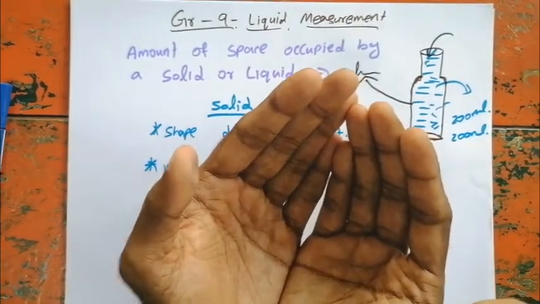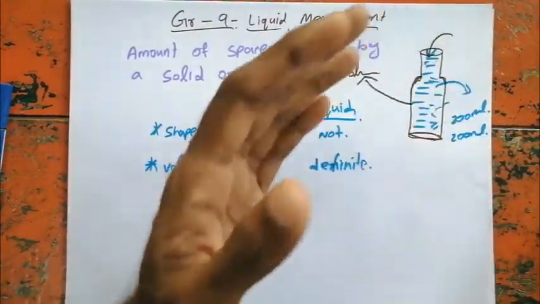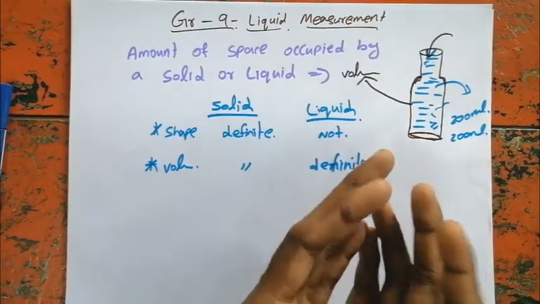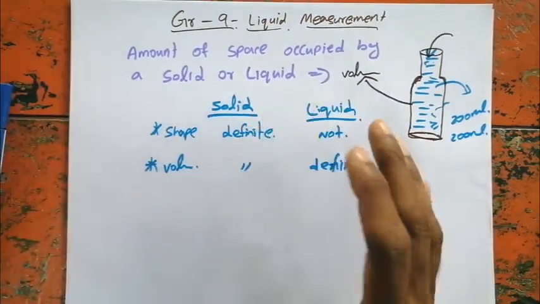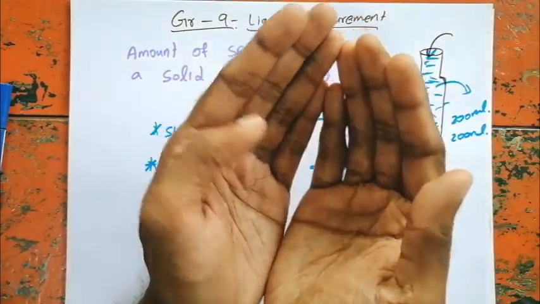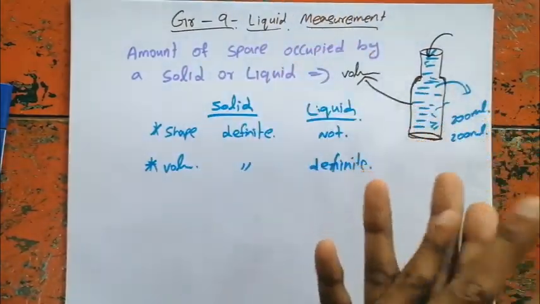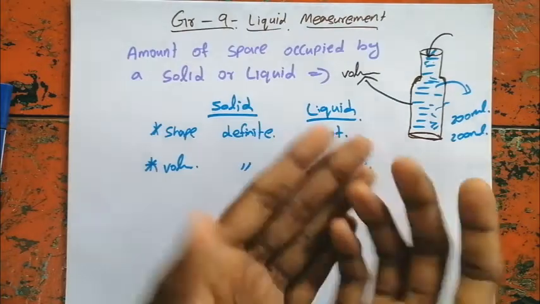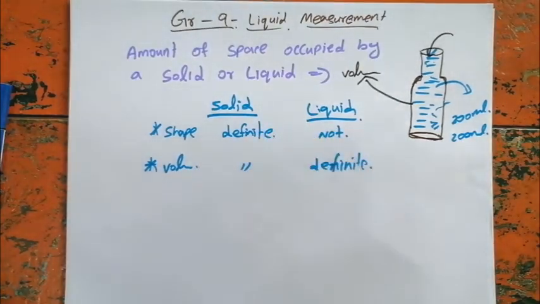That amount of water doesn't change. If you take another handful of drink, it should be the same amount. So liquids also have a definite volume.